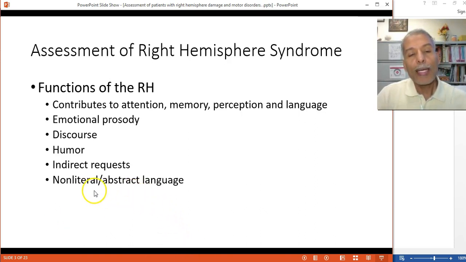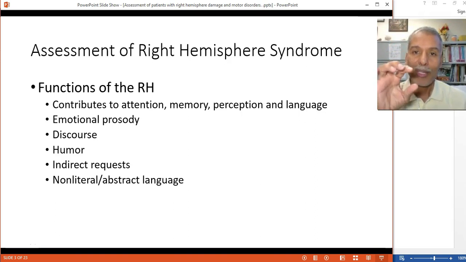So again, in order to understand abstract language, where the meaning is not in a particular word, the meaning is usually outside. You have to take a sentence, put it with another sentence, and extract meaning out of these two. That is a right hemisphere function.